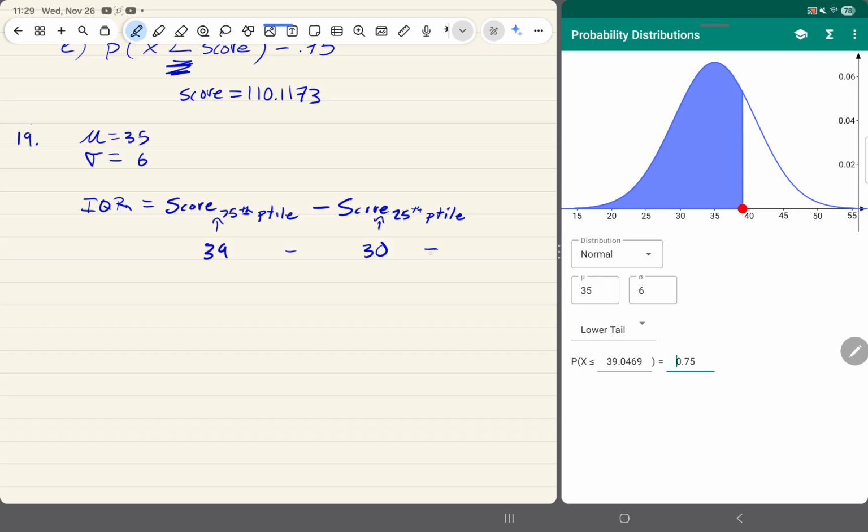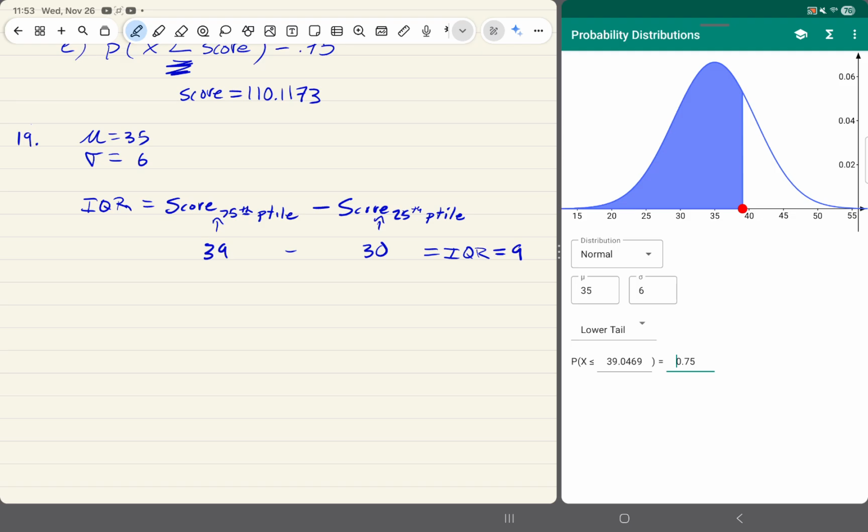So we'll do that subtraction. IQR equals 9. And again, I noticed by checking at the back of the book that they come up with a slightly different answer than we did. But again, we will chalk this up to the difference between using the calculator and using the tables as the book has you do. All right, what's the next part of this then?